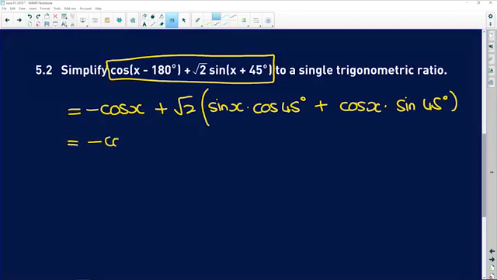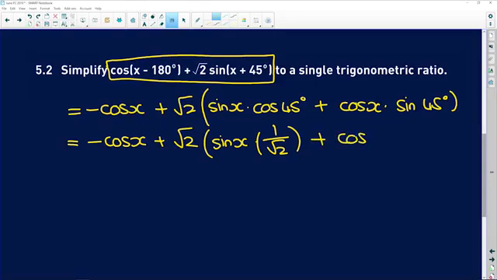So we still have negative cos of x plus the square root of 2 multiplied by everything in the brackets. So sine of x stays the same. Cos of 45 is 1 divided by root 2. Okay? Plus cos of x, which stays the same, multiplied by sine of 45, which is also 1 over root 2. Okay? So now we keep going.